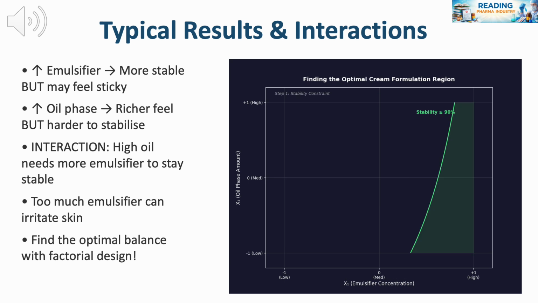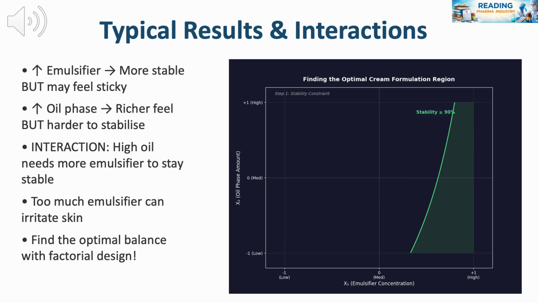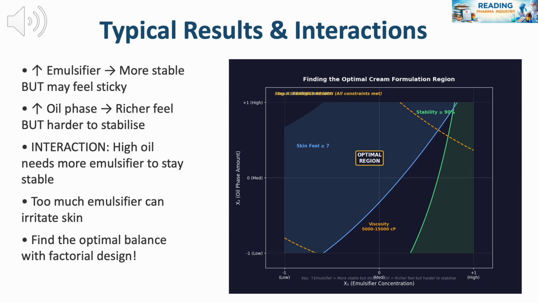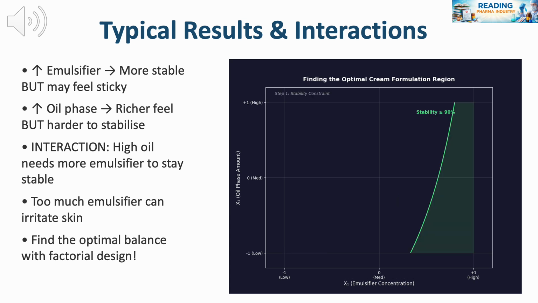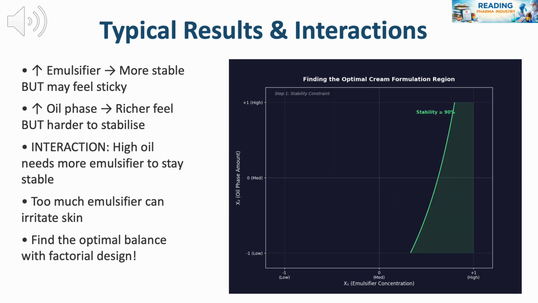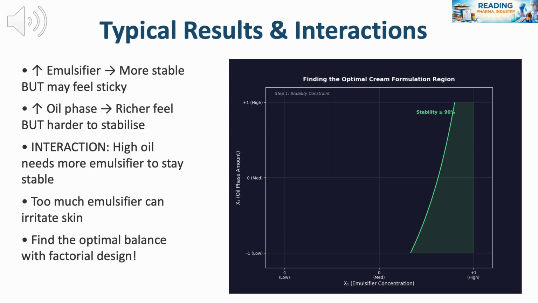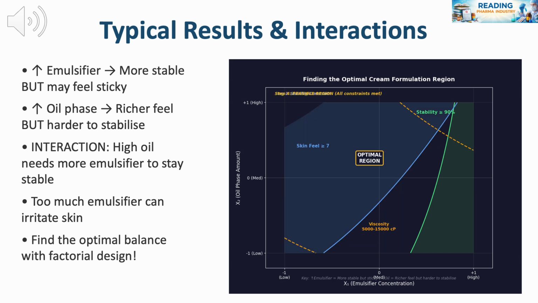The interaction between both the oil phase and the emulsifier means we will have to keep attention on this part, because, like I said, we need more emulsifier as we increase the oil. But too much emulsifier can also lead to some problems because it might irritate the skin, especially when using cationic or, in many cases, anionic surfactants such as sodium lauryl sulfate, which could lead to irritation of the skin.